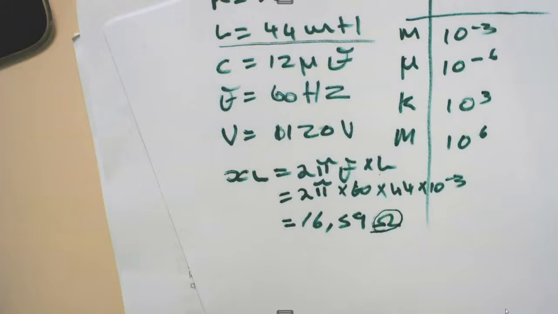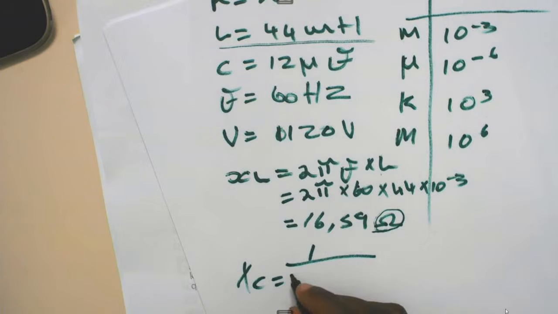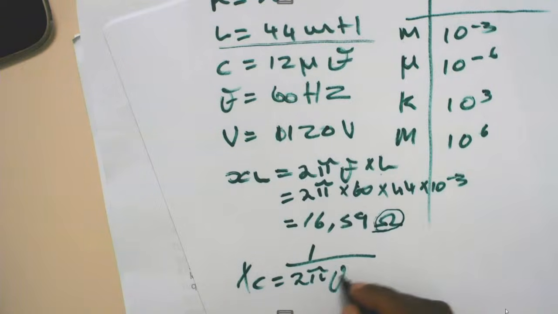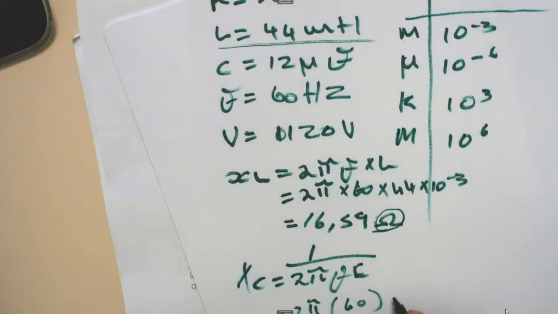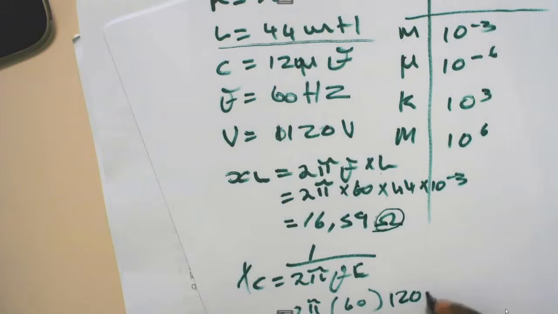So let us proceed in calculating our XC, capacitive reactance. So XC here is equal to 1 over 2 pi FC. In this case, let us substitute 2 pi, our F is still 60, then our C, not L, sorry, our C will be 120 micro.